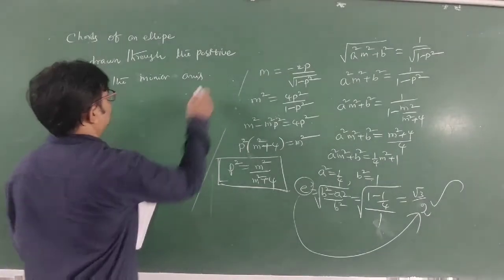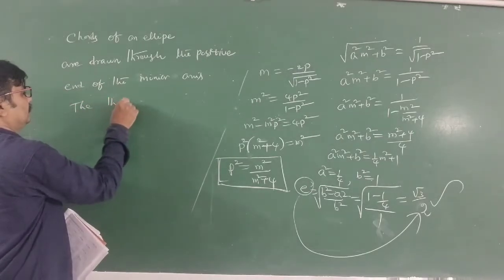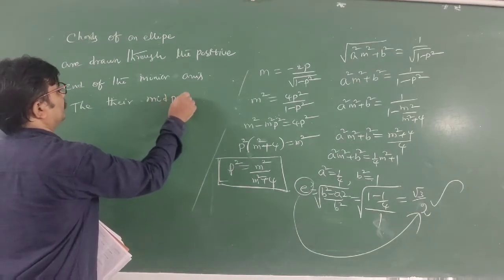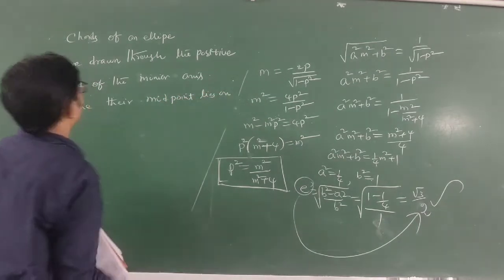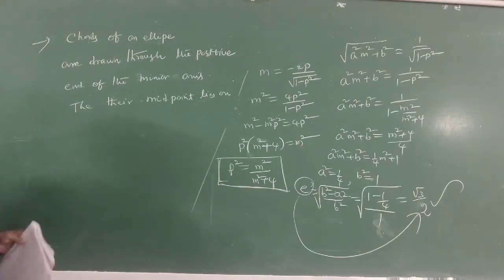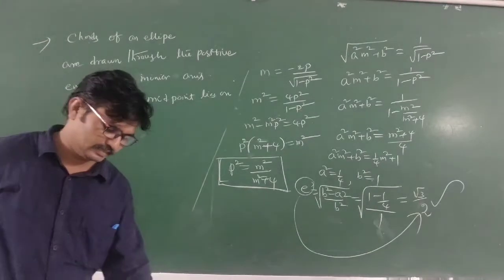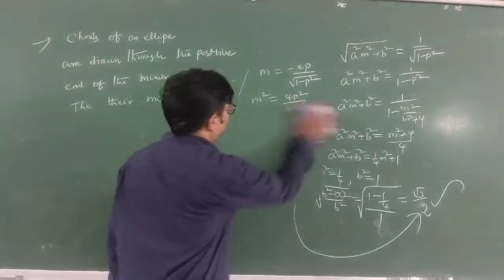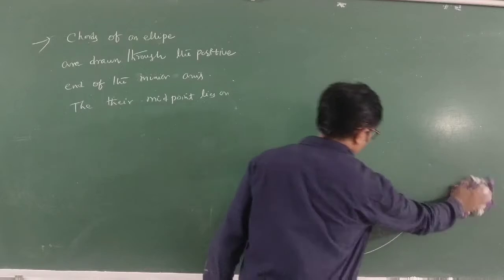Then the midpoint lies on what? The chords of an ellipse drawn through the positive end of the minor axis, then the midpoints lie on what?